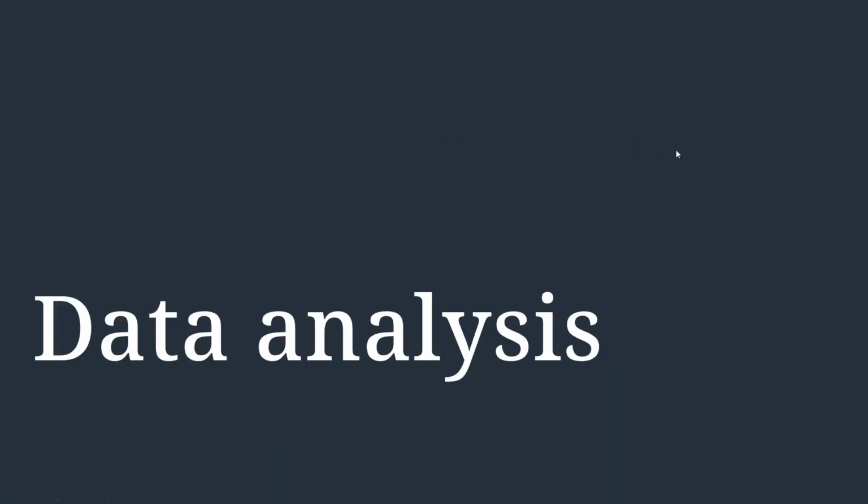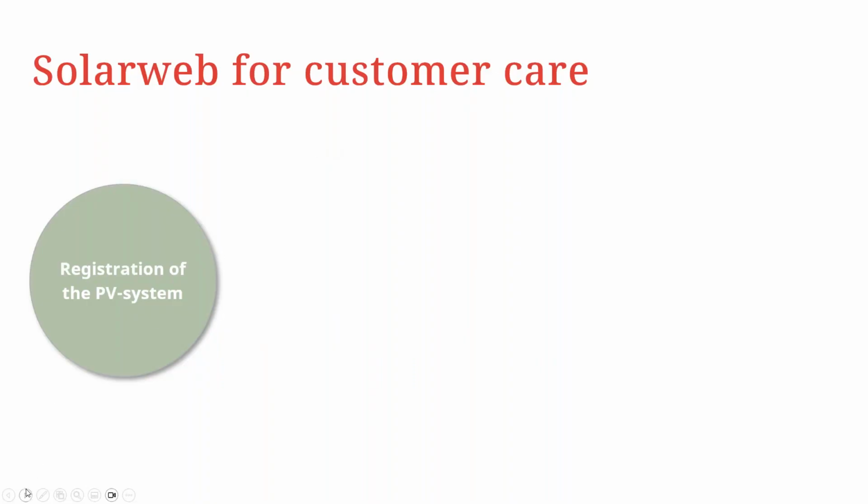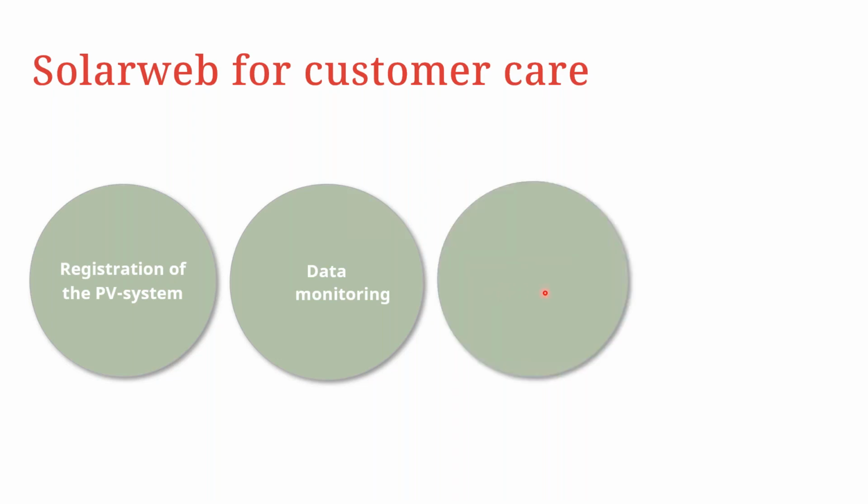But I think I would like to start a few steps back at the data analysis. So in terms of the data analysis that you can do right from SolarWeb, and this is for customer care, this starts with the registration of the PV system. It goes on to the data monitoring once the system is up and running in SolarWeb.